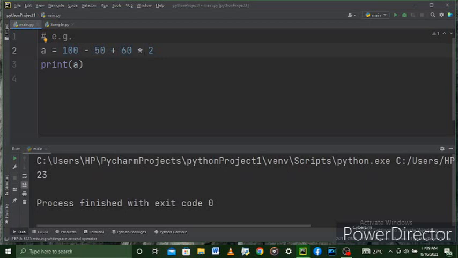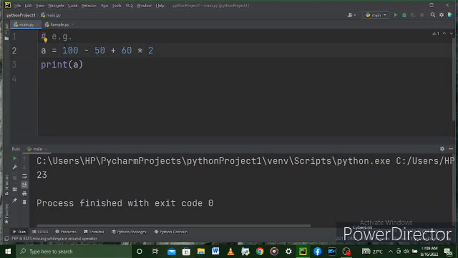The sign in front of each number is what the number is associated with. For instance, we have the asterisk in front of the 2 here. It simply means that this 2 is the one having this asterisk. The 60 here is having the plus, the 50 here is having the minus, and the 100 here is having an invisible plus.